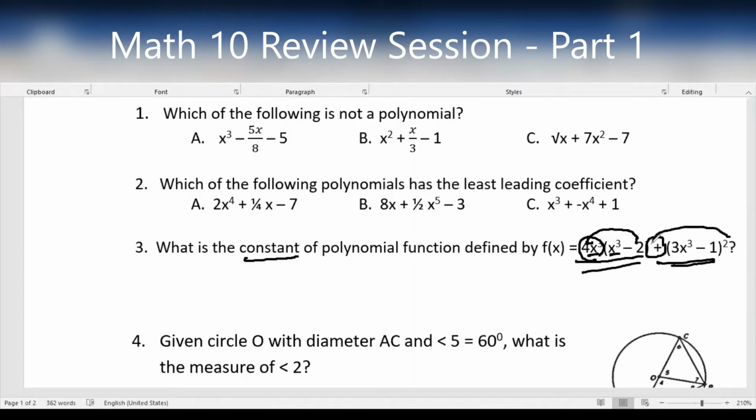So you focus on looking at this. When you distribute, there's none. Diba? Wala kang x outside. Kaya this will become 3x minus 1. I think may square dyan. Tapos negative 1 times negative 1 is positive 1. So negative 1 squared is positive 1. Kaya your constant is positive 1. Okay po? So that's it. Next, number 4.